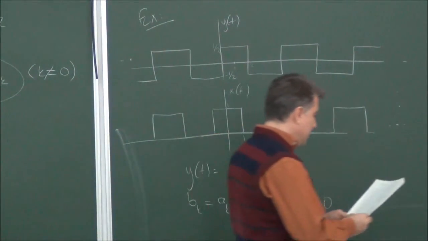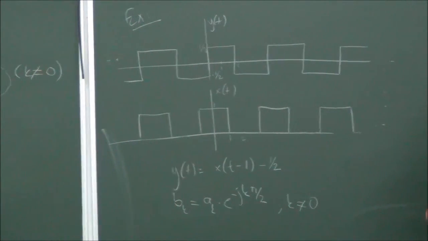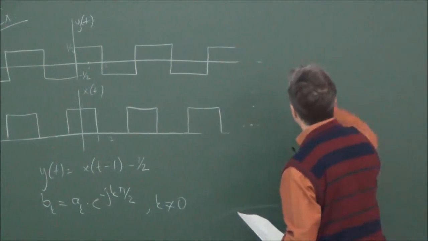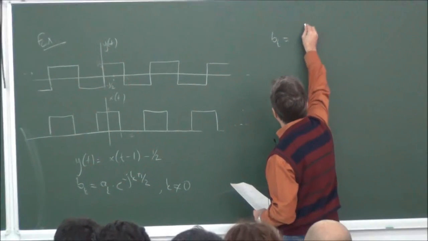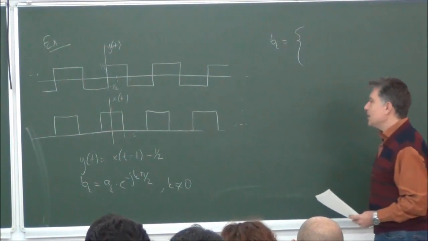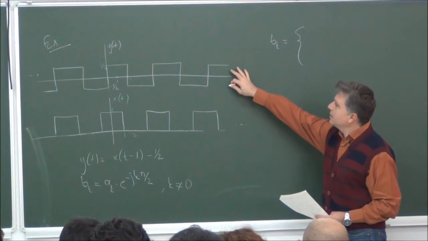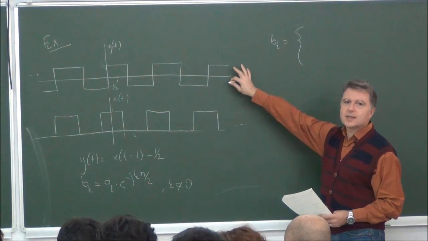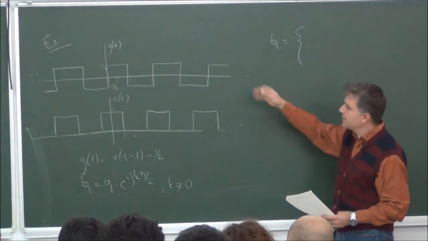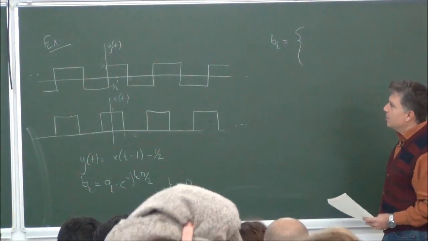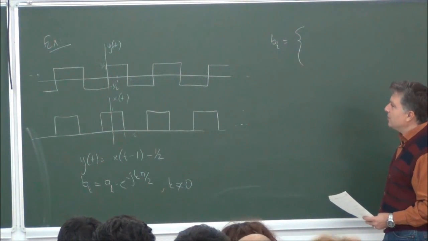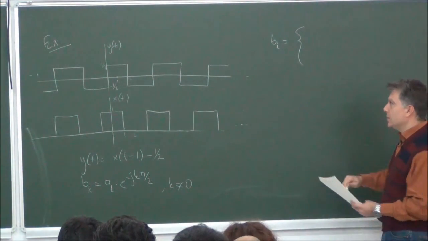When k is equal to 0, first of all, the DC coefficient of this signal is clearly 0 because the positives and negatives are balanced. You don't really need to evaluate it. The evaluation is simple.